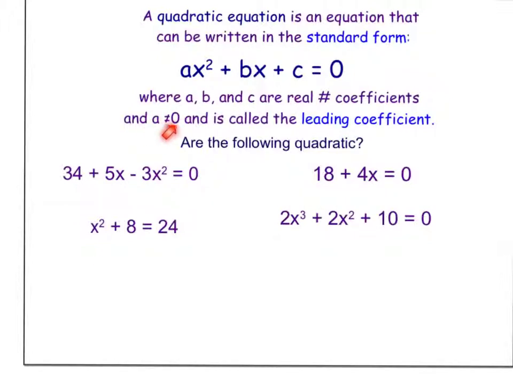So the coefficient of the x squared cannot be 0. Is this one quadratic? x squared plus 8 equals 24? Yes, because we could do x squared plus 0x minus 24 equals 0. In other words, b can be 0, just not a. As long as it has an x squared in it, it is quadratic, unless there is a higher exponent like this one. So here's my x squared, but there's a higher exponent, so this one would be no. So yes, yes, no, no.